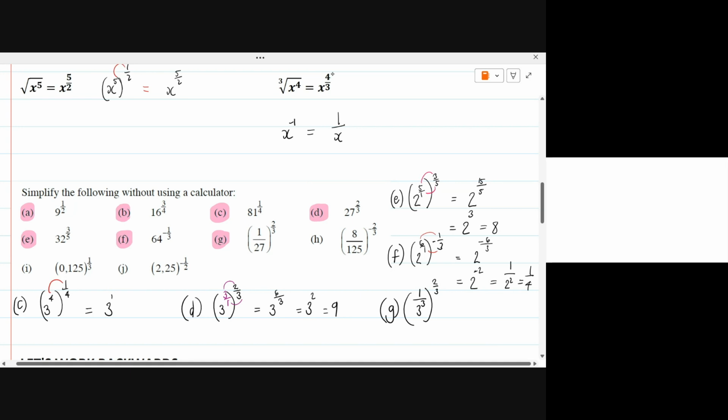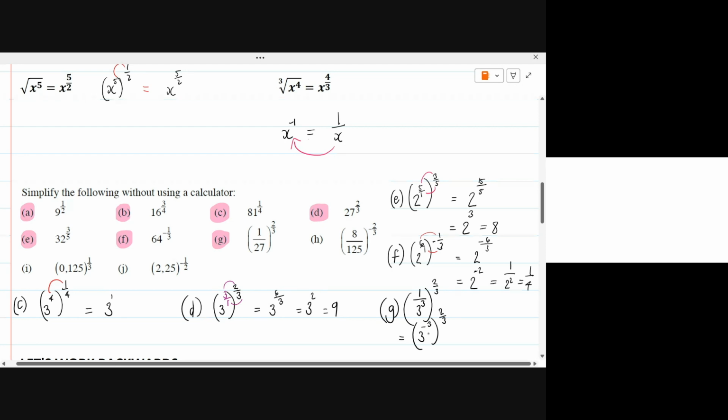So what I'm going to do is just do this in reverse. I've now got 1 over x, so I'm just going to change 1 over x into x to the power of -1. At the moment, I've got 1 over 3 cubed. So I'm going to change that into 3 to the power of -3, all to the power of 2 over 3.